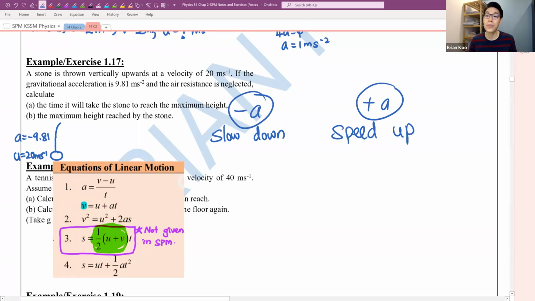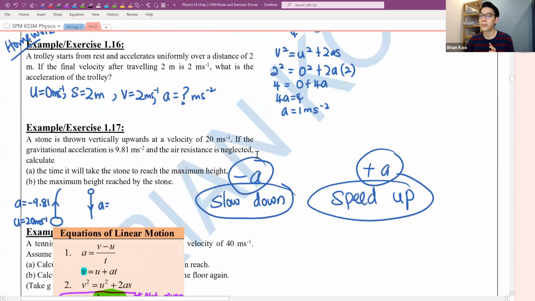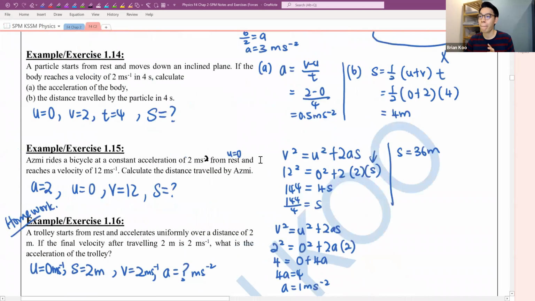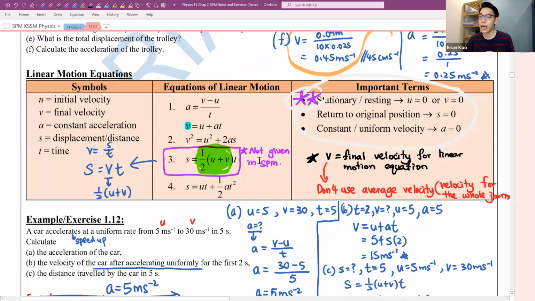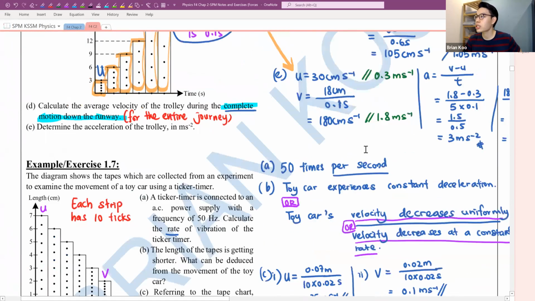If I am speeding up, for example, maybe the ball comes down, then it's positive 9.81 because I am speeding up. So if you're not sure what to put for plus or minus for your acceleration, ask yourself this simple question. Because we learned this table, okay? This yellow color table in page 2.